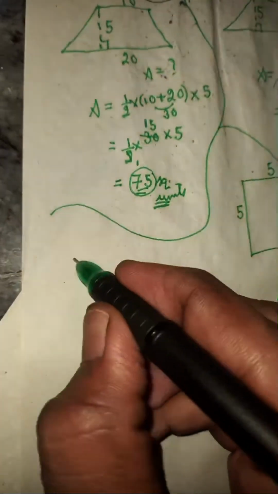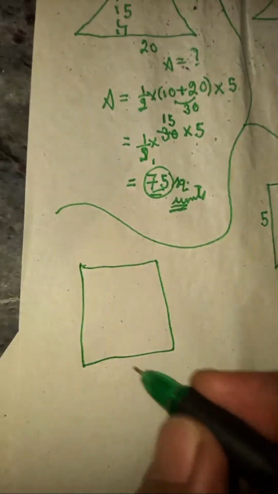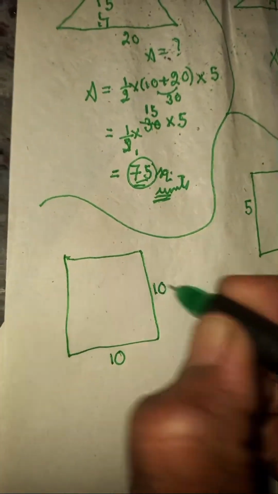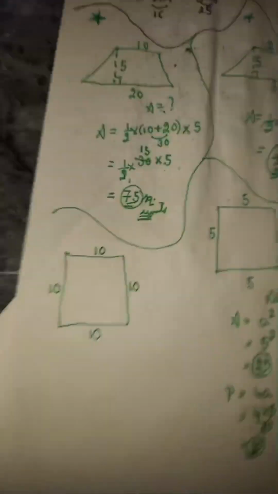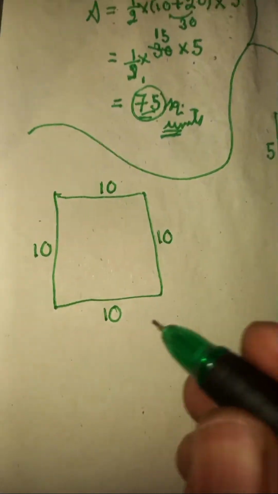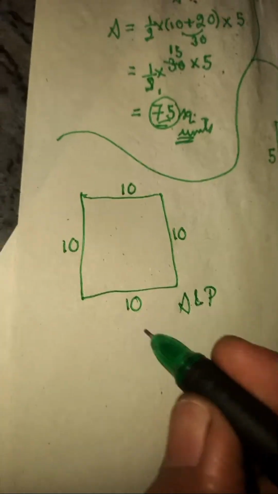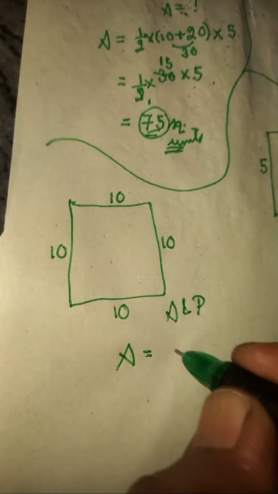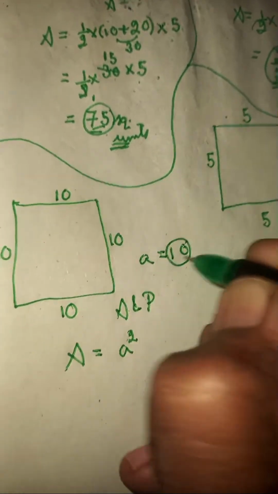I'm going to take one more square. Here they have given one more square. Here all sides are equal to 10 units. All sides are equal to 10 units means here also you must find out area and perimeter. Here area equal to a squared. Here a is obviously 10 units.